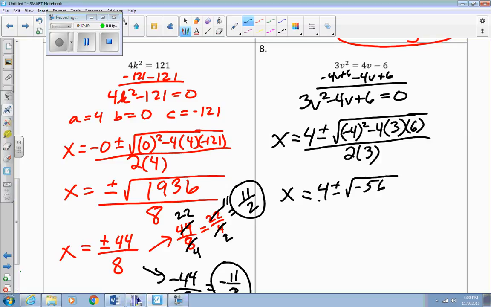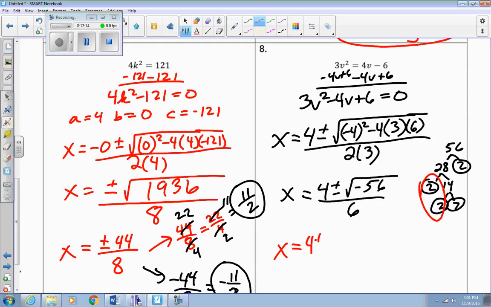Break the 56 down. 28 and 2. 2 and 14. 2 and 7. Okay. So we have a pair of 2s. Doesn't matter which pair you have. So x equals 4 plus or minus 2 from the pair. The negative comes out as i. Don't forget that i. And then underneath the radical, you still have the 7 and the 2. 7 times 2 is 14, over 6.